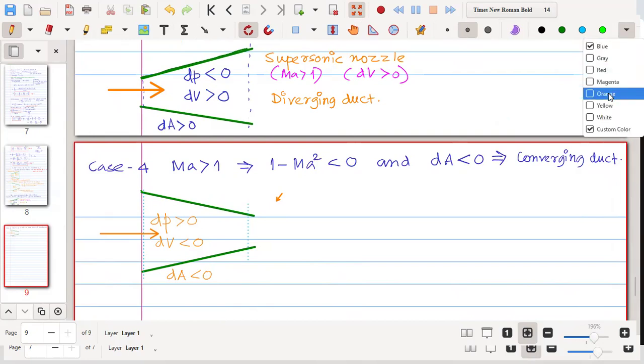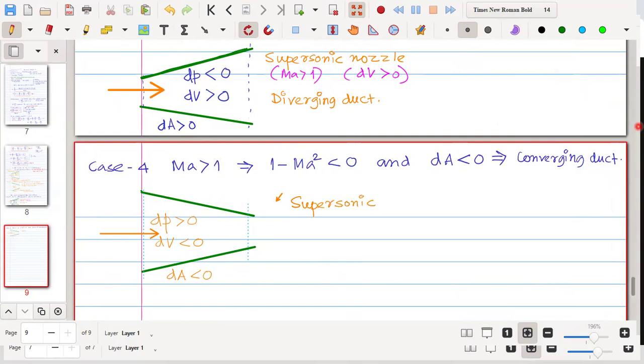Okay, sir, diffuser. So it is a supersonic diffuser.